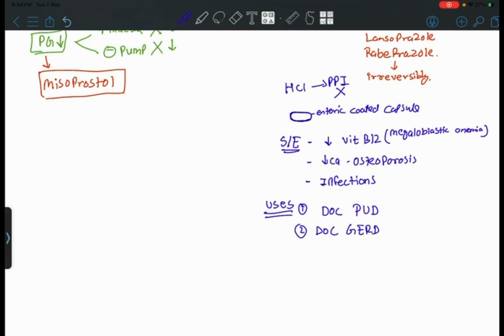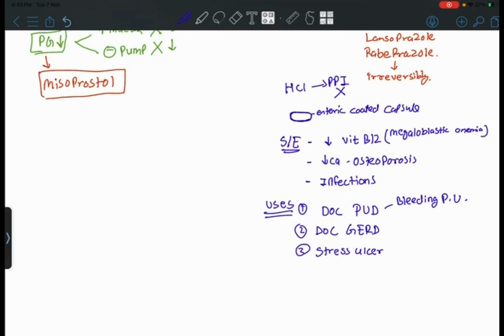It is also a drug of choice for bleeding peptic ulcers, and we can also give it in stress ulcers. In the next video I will explain the ulcers, like peptic ulcer and stress ulcer, their pathology and physiology, and ultimately with that I will teach how the drugs act and how we can treat these patients. So that I will teach in the next video.